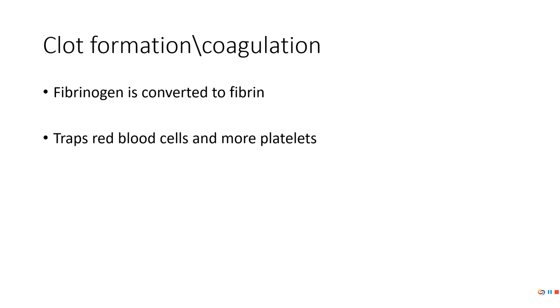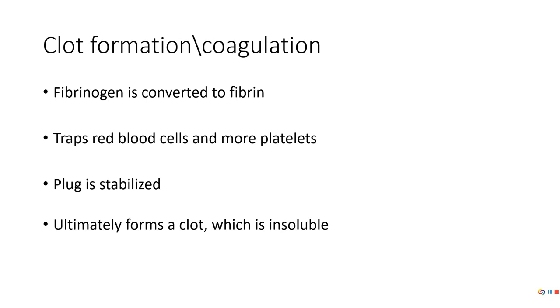Basically, a net is being created that traps blood cells, platelets, and other stuff. It stabilizes that plug, and then ultimately a clot forms, which is insoluble, which means water can't go through it. And so now the vessel is able to heal. Okay, so vascular spasm, platelet plug, coagulation. And coagulation is just the process by which we form a clot.